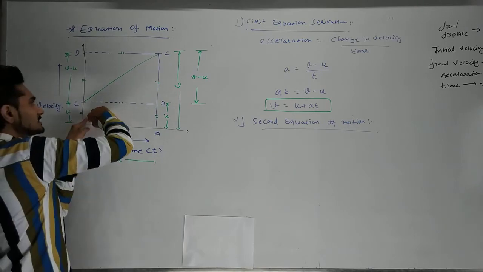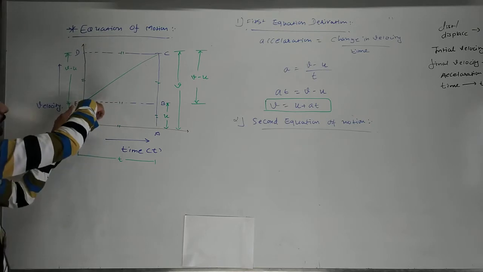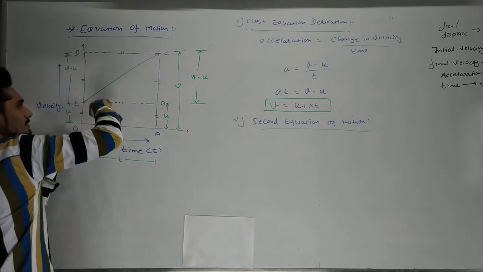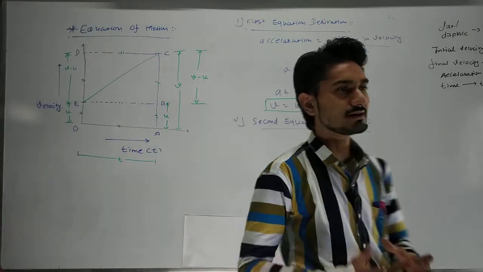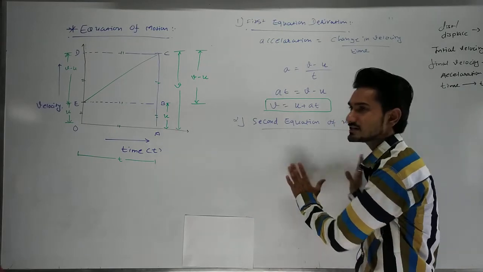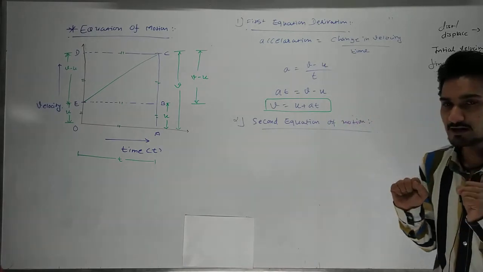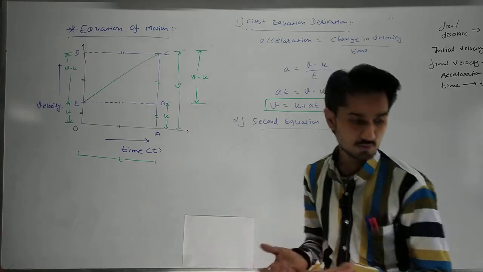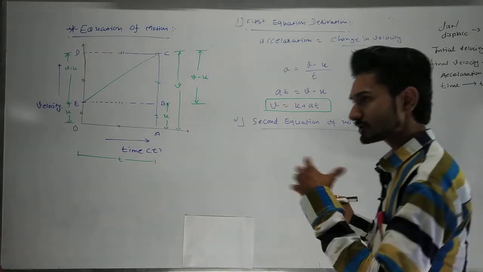So if I measure this whole area, meaning OECA, that will give us the displacement that I have done during the traveling. So measuring this whole area gives us the displacement.